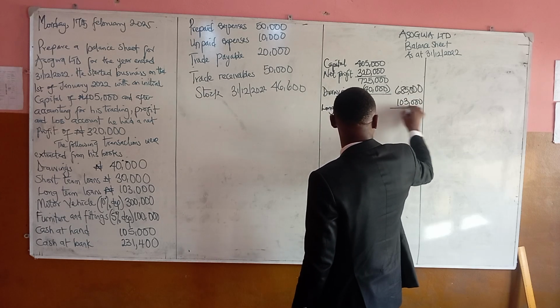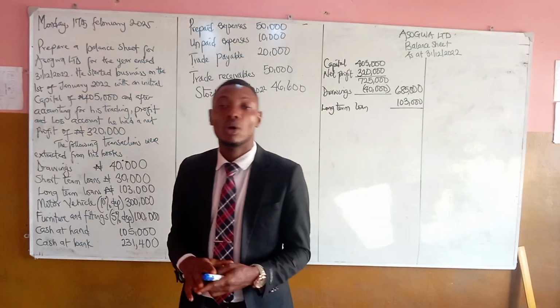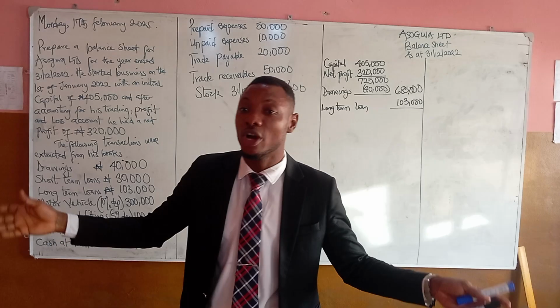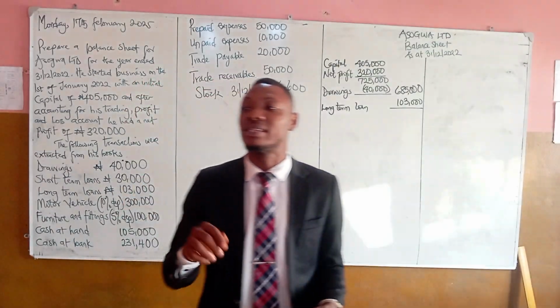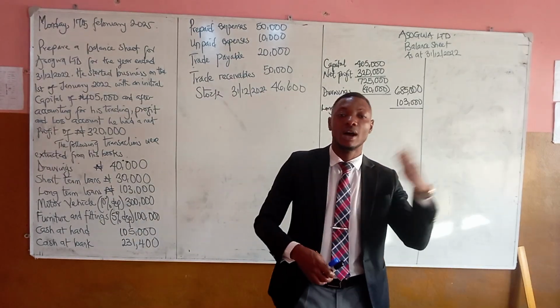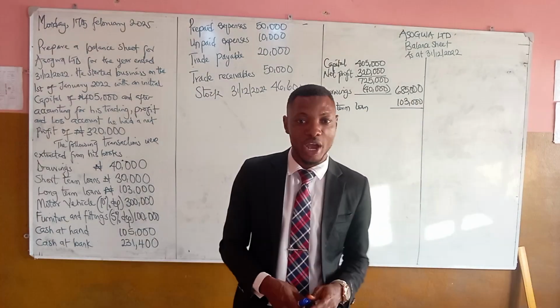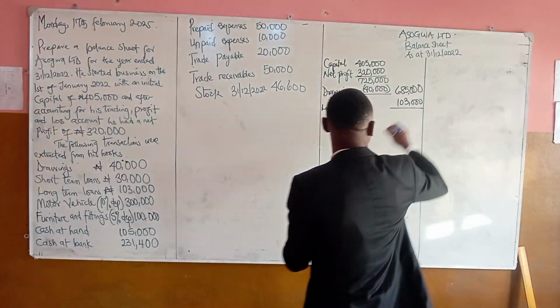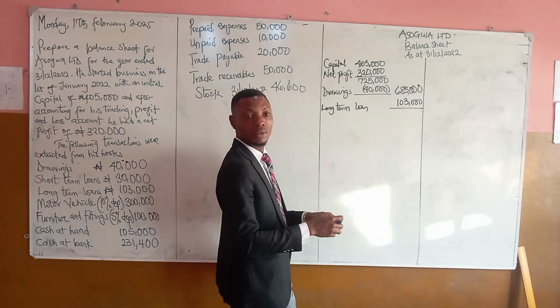Remember, I said long-term loans are loans payable over a long period of time, so it exceeds an accounting year. It exceeds 1 year. So we pay long-term loans over maybe 3 years, 5 years, 10 years, and above. Do we understand? Yes. Now, once we add our long-term loans, what do we have? Who has gotten that?